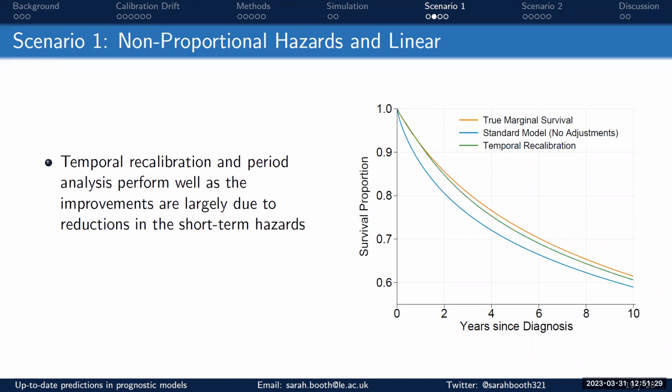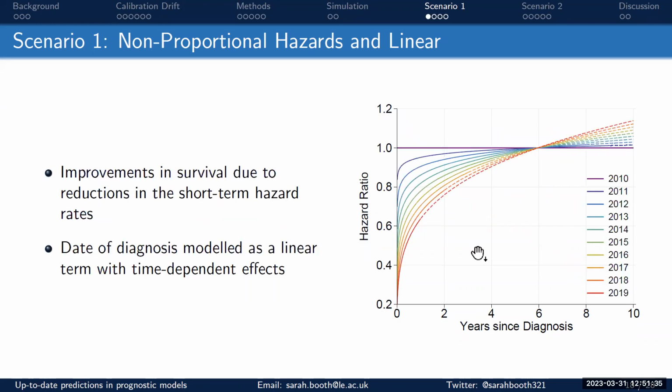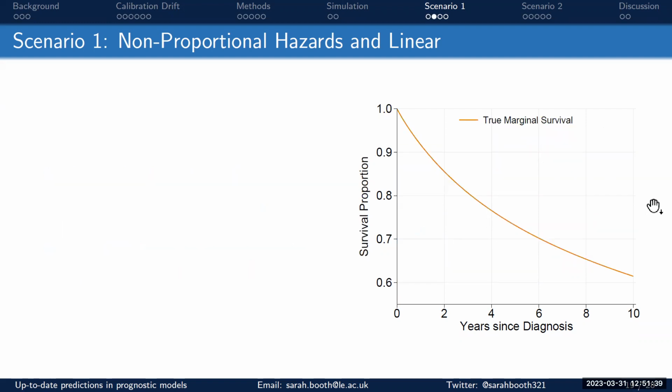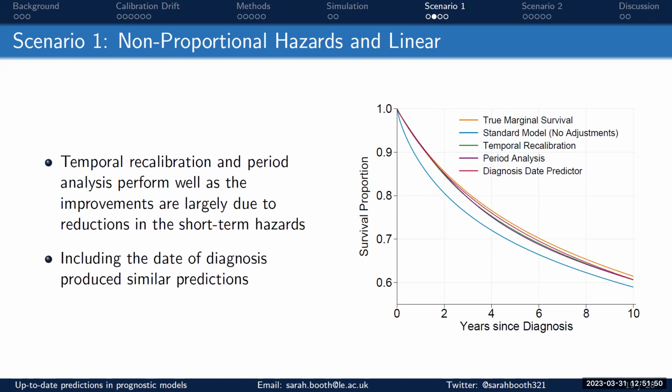If we use temporal recalibration, in this particular scenario, it does quite well because of how we simulated the data, because it's largely in the reduction of these short-term hazard rates. And that's something that period analysis is really good at capturing. And you tend to get very similar results with period analysis when you've got quite large data. And in this particular scenario, if you model diagnosis date correctly, you also got very well calibrated results.